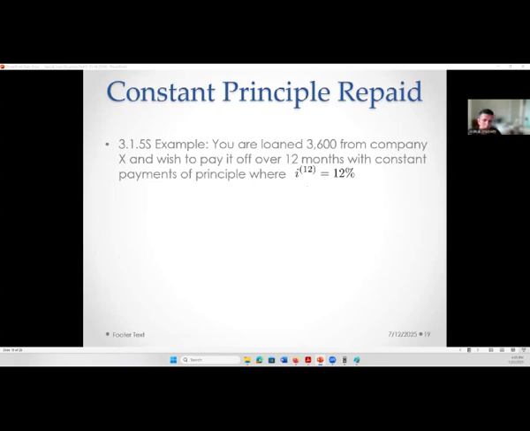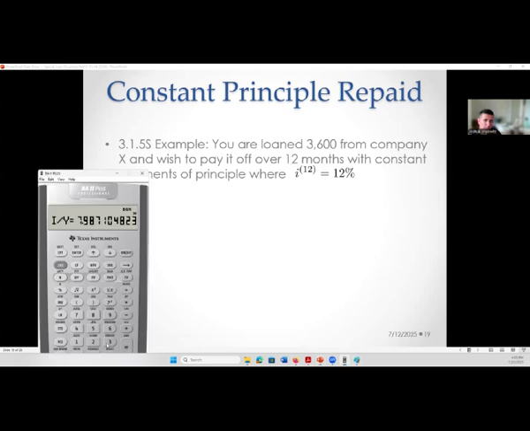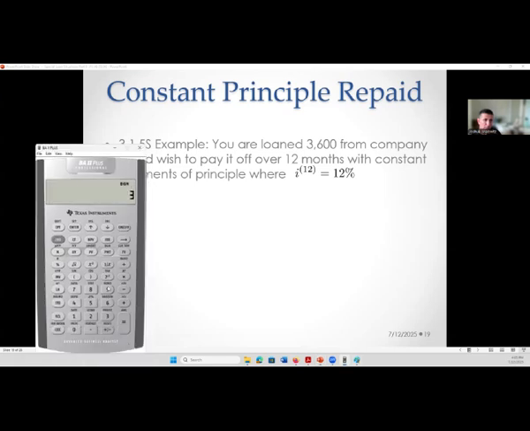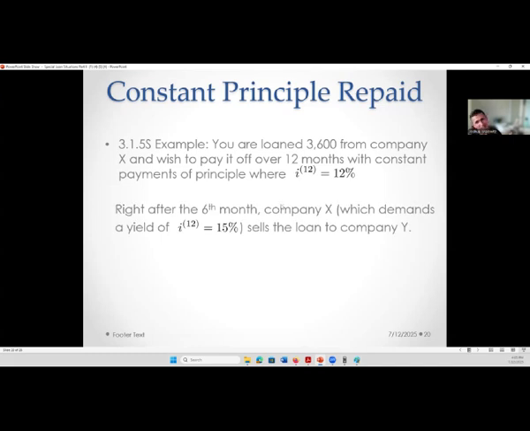Yeah, so meaning as a sanity check, you're making 3,600 over 12 payments of principal each month for a total of, well, 300 times 12 is 3,600. Again, just a sanity check.